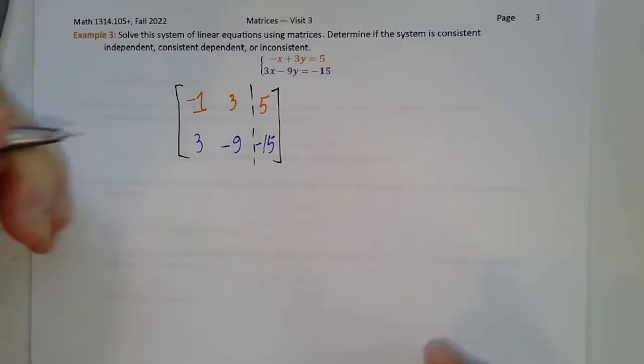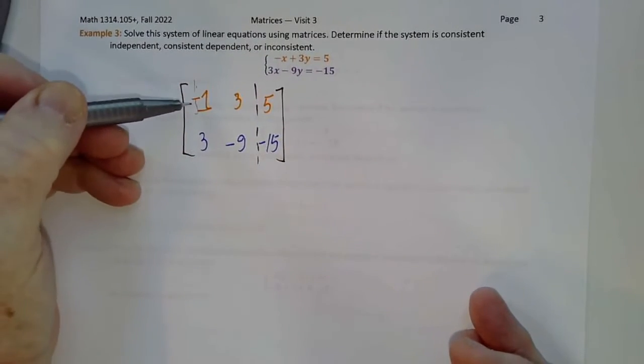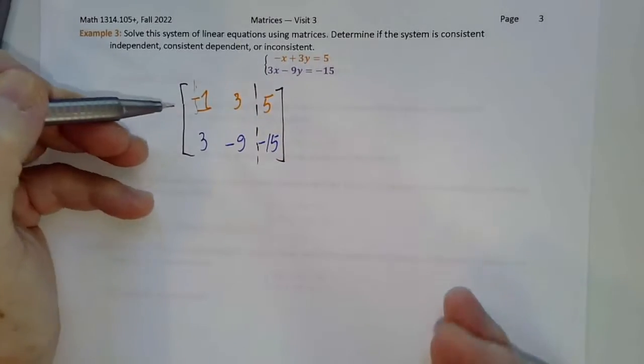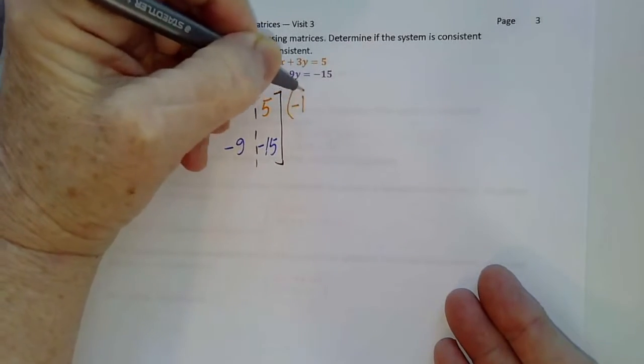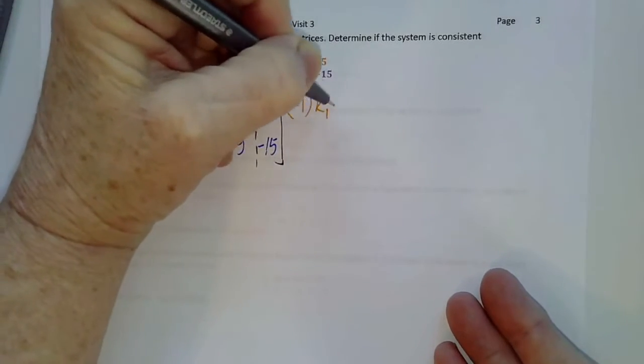And this is nice because it's easy to get a positive 1 in the first position by multiplying everything in row 1 by negative 1.